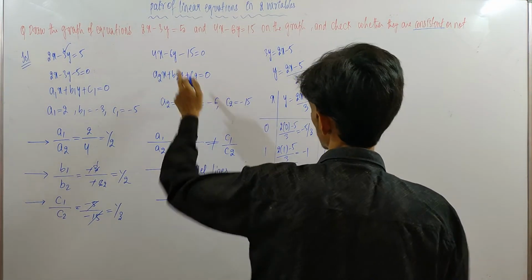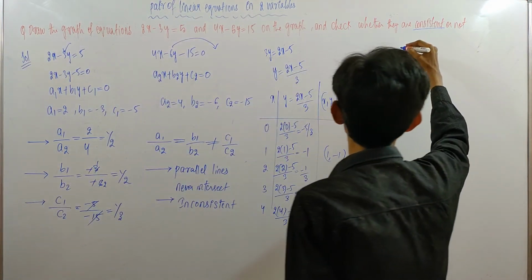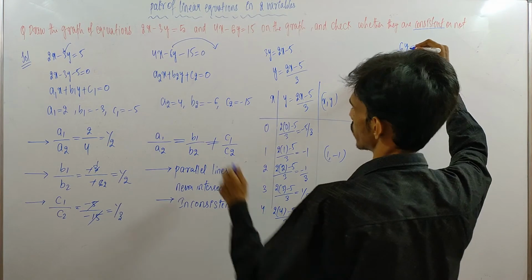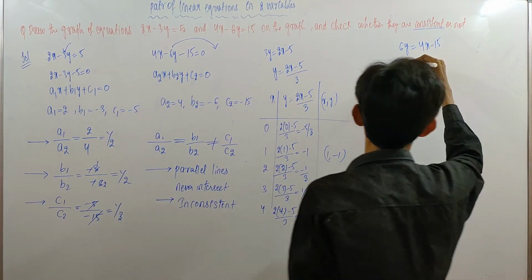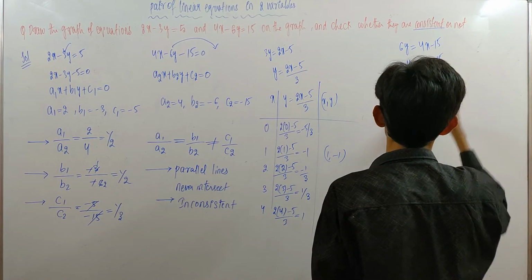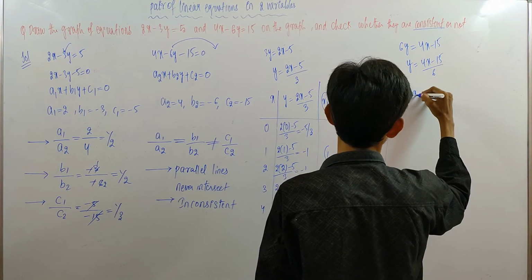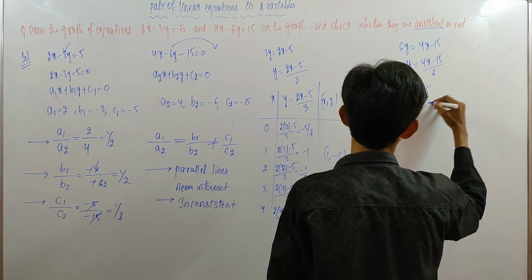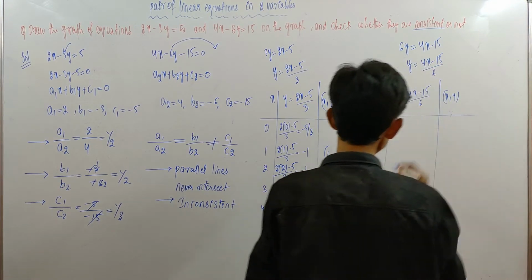Now we have the second equation. Send this 6y to that side. We have 6y is equal to 4x minus 15. Now the y value will be 4x minus 15 divided by 6. Now x comma y ordered pairs.